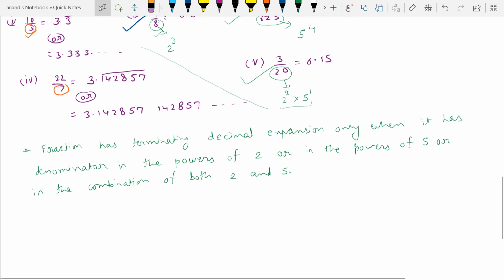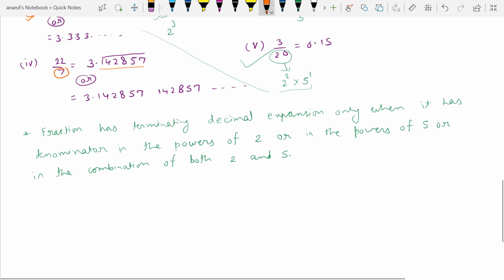So if we have any rational number or any fraction in the form of p by q, then its decimal expansion will be non-terminating in nature, but it will be recurring. That means a particular number or a group of numbers will repeat again and again in its decimal expansion.